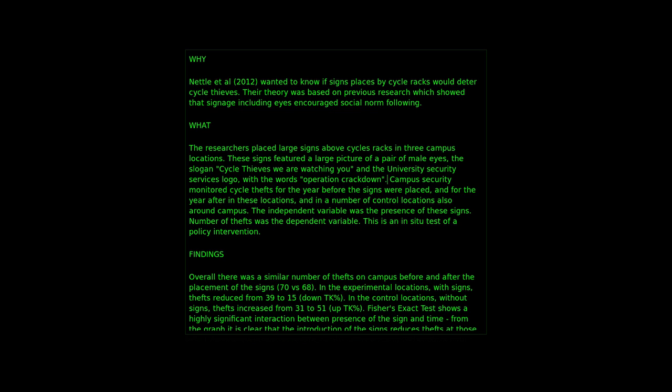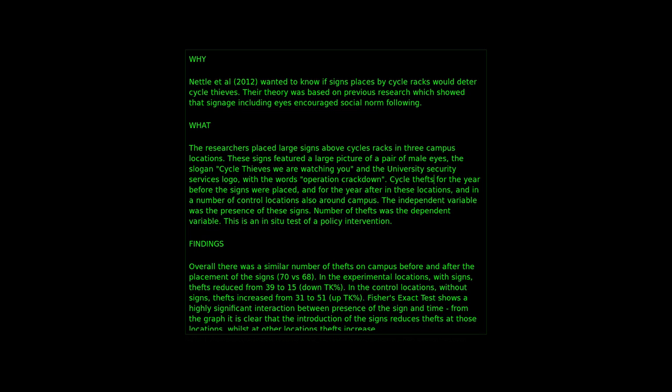Okay, that description of the sign is all essential, because that's key to the experiment. I can probably make this. Do we need to know that it was campus security monitored the cycle thefts? Not really.